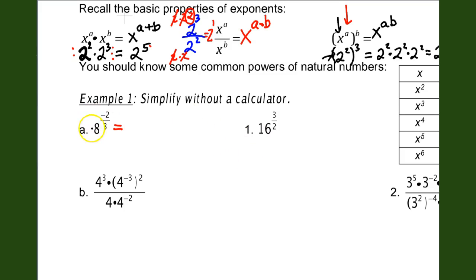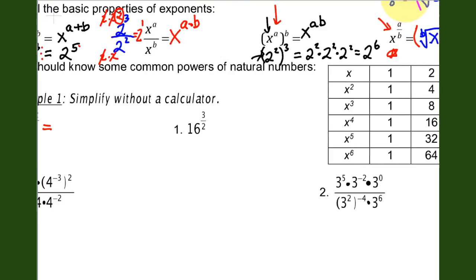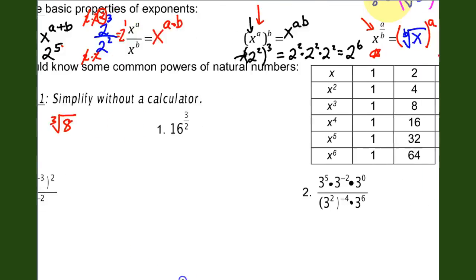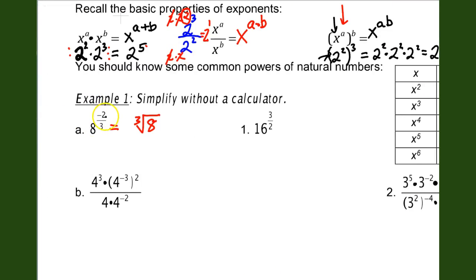So according to this, the bottom number should be the root. So I'll make that. Top number, I just raise my answer to that power. So the top number here is negative 2.